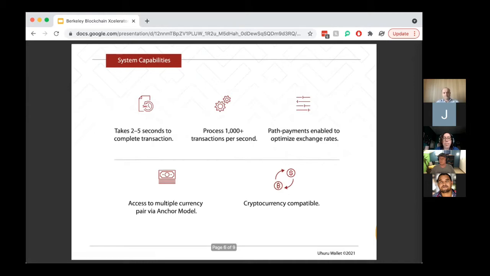Path payments enabled, access to multiple currency pairs, cryptocurrency compatible. As a matter of fact, we had actually launched a path payment between South Africa, Zim, and Nigeria. And this was really all because of the cryptocurrency capability that comes with Stellar.